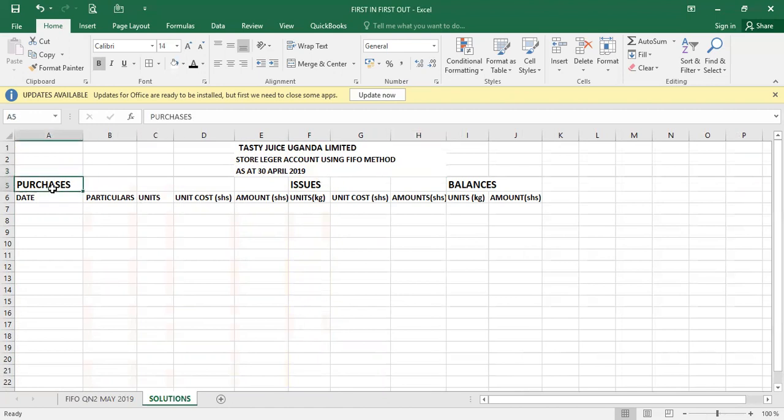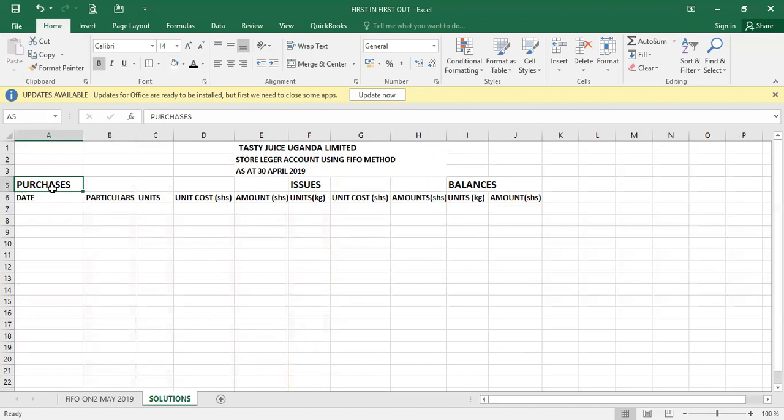So this is how our store ledger card or our stores ledger account is going to be looking like. It will be having what we are receiving in terms of the purchases and what we are giving out to the production department, because those were just raw materials. So what we are giving to the production and the balance that is going to be remaining.